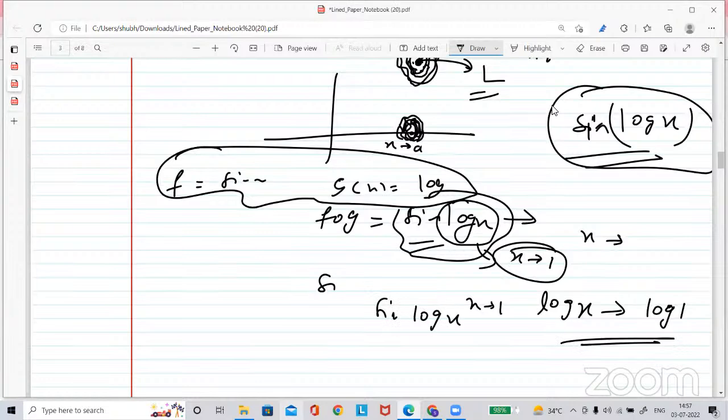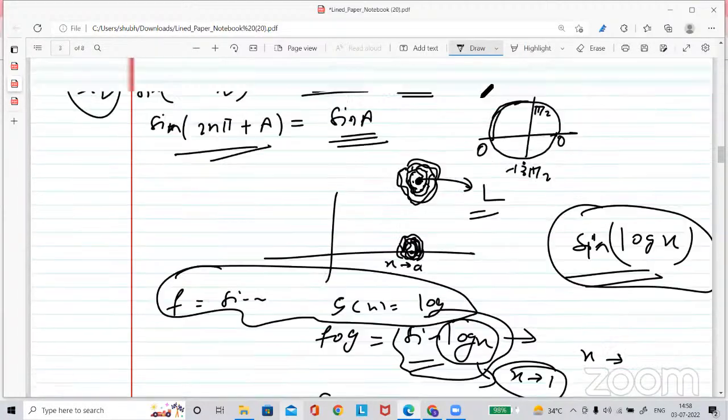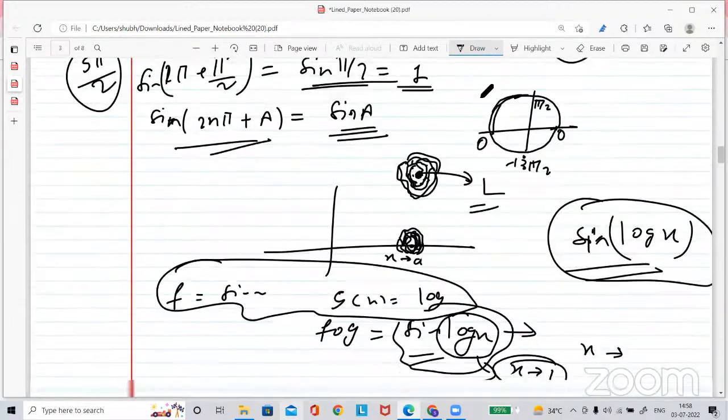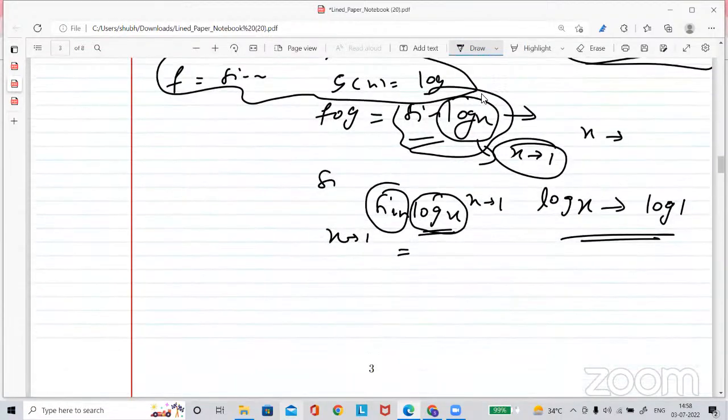Sine log x is also well behaved there, because you will get some real number. There is no issue at 0. Where we want to find the limit, if there is some issue, like here we have an issue at 0, that is different. But here we don't have any issue, so just substituting the value will work. We know for sure the limit is going to exist, so we are not going to apply the sequential approach here.